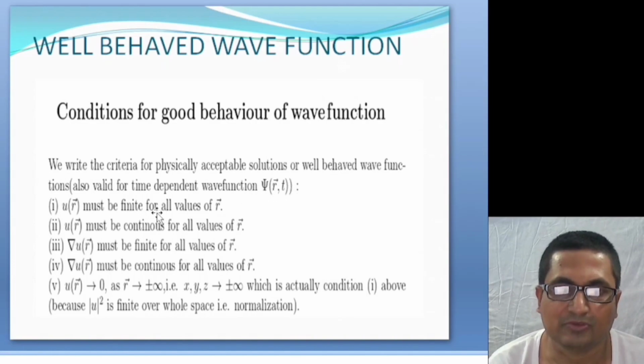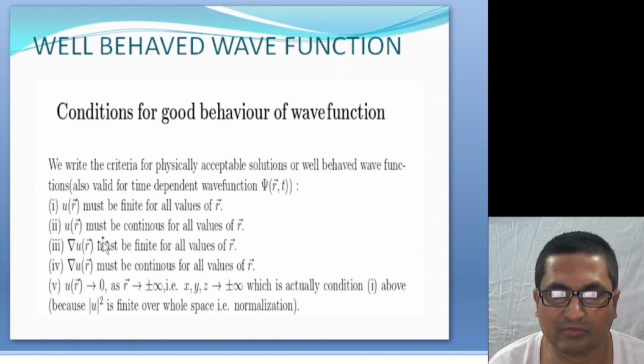So the first condition that a well-behaved wave function must satisfy is that it must be finite for all values of the position vector. Then it must be continuous. Then ∇u must be finite for all values of r, and ∇u must be continuous for all values of r.